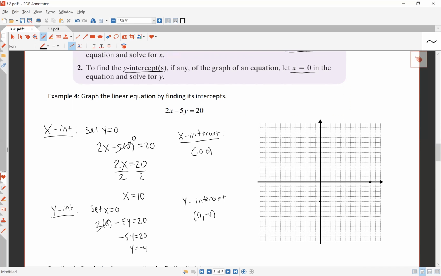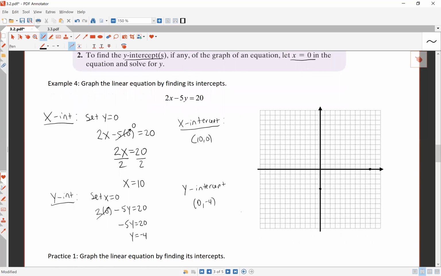Now I always want to have a few more points on my graph, so I go back to plotting some points. The way we achieved this in objective 1 was we solved for y. If I solve for y here, I'm going to subtract 2x from both sides.